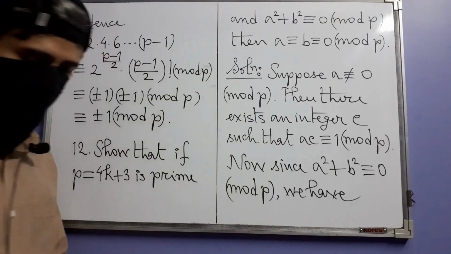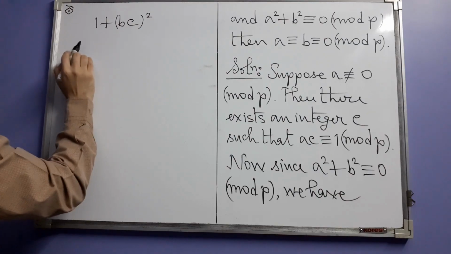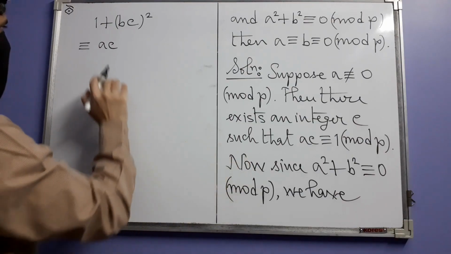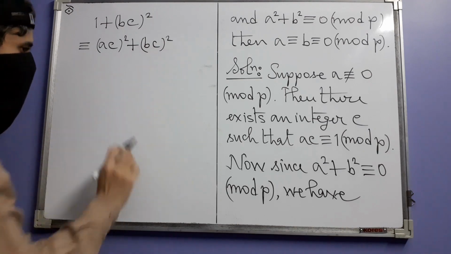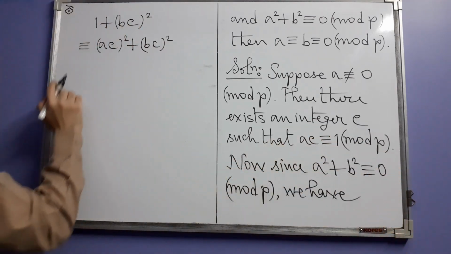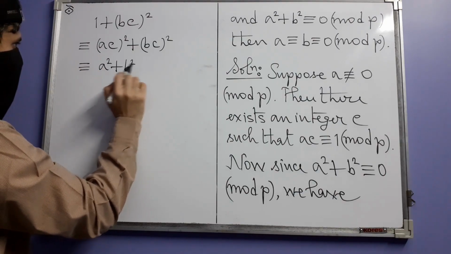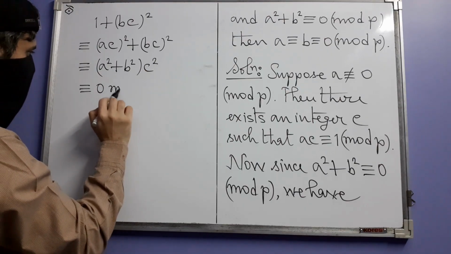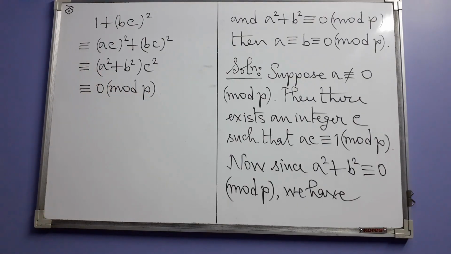We have 1 plus bc square is going to be congruent to, if our modulus is p, ac square plus bc square, because ac is congruent to 1 mod p, and this is a square plus b square times c square, which is congruent to 0 modulo p. Okay. However, what do we then have?